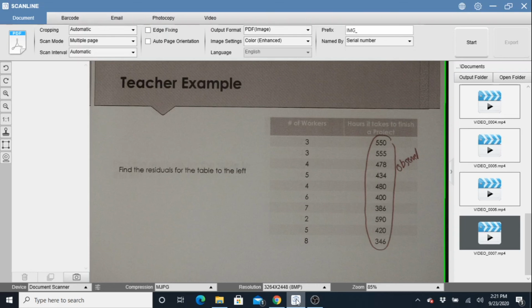The residual is the observed minus the predicted. So it's these values minus the predicted values at each of these explanatory values.